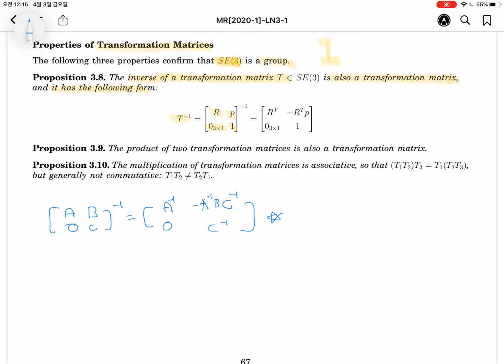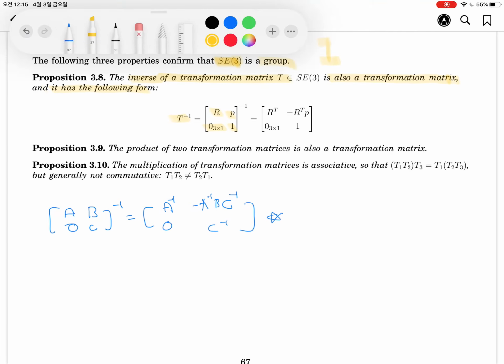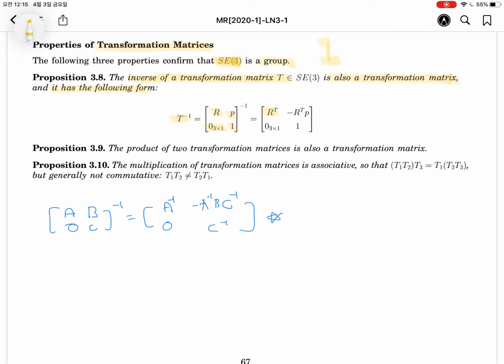Let's apply this. R inverse is this part, and minus R inverse P, and the inverse of 1 is 1. So minus R transpose P is this one, and 0 and 1. So this matrix belongs to SE3 as well.